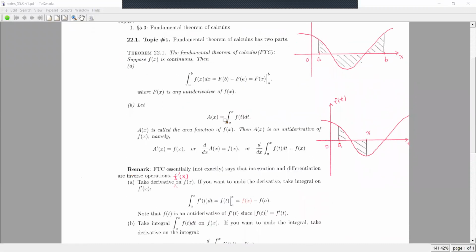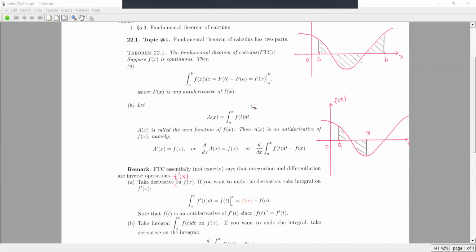Take integral from A to x, where x is a variable, on the function f. This integral now is the net area of the region between A and x. This integral now depends on x. When something depends on x, we call that thing a function of x.